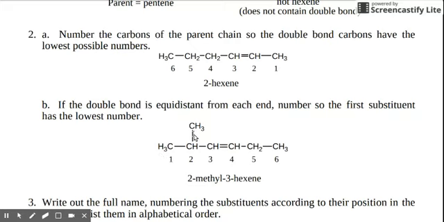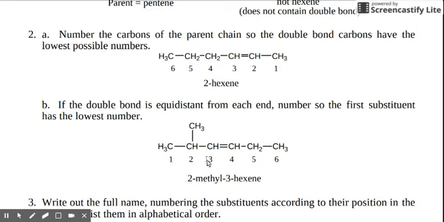So the second priority that you have is the presence of the substituent or the branch. And because it's closest to the left, then we begin from the left. So we will now number here. So this is carbon 1, 2, 3, then 4, 5, 6. It's still a hexene. And the double bond is in between 3 and 4, so that's a 3-hexene.